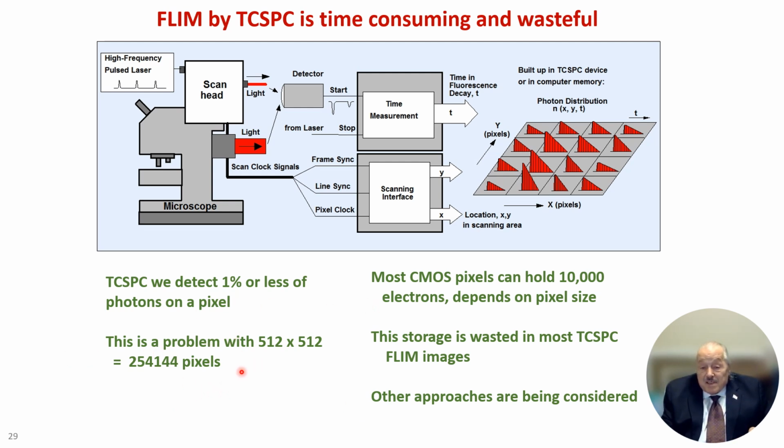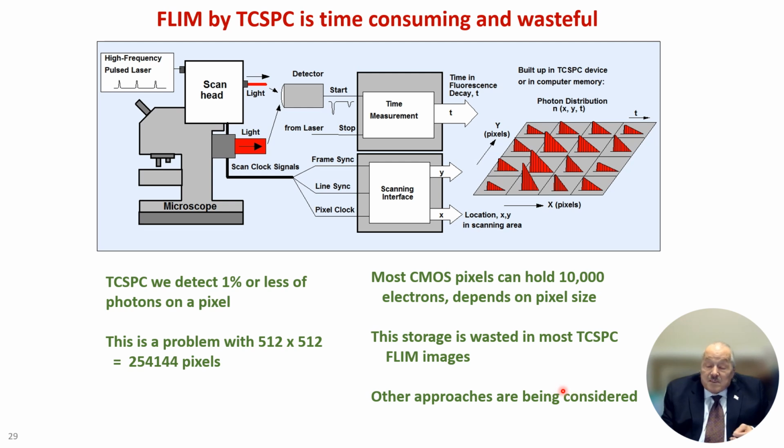You have a lot of pixels to measure, and the detectors that are used can hold, it depends on the pixel size, but probably 10,000 photoelectrons can be held in a single well. But you're never going to do this in collecting your FLIM image, because you're never going to detect up to 10,000 photons per image.